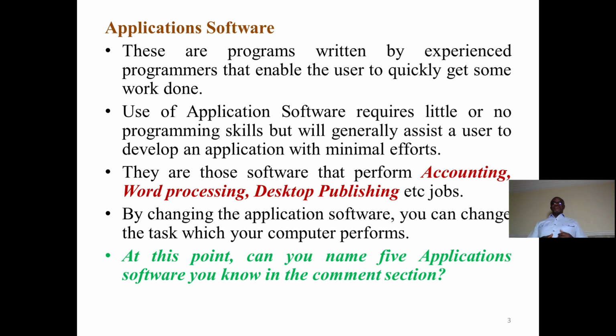There are those software that perform things like accounting, word processing, desktop publishing jobs, and other things, drawings. By changing the application software, you can change the task which your computer performs. And that is why your computer is known as a general purpose computer.